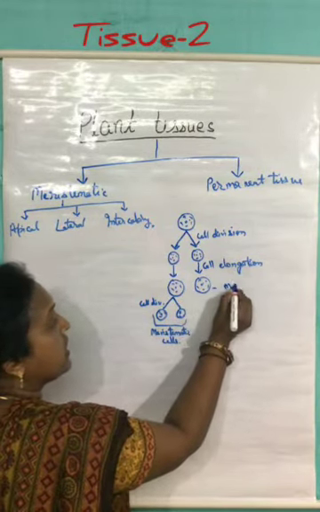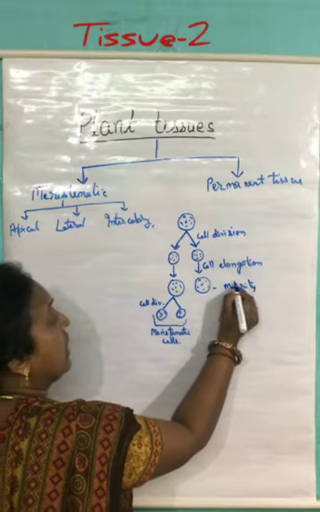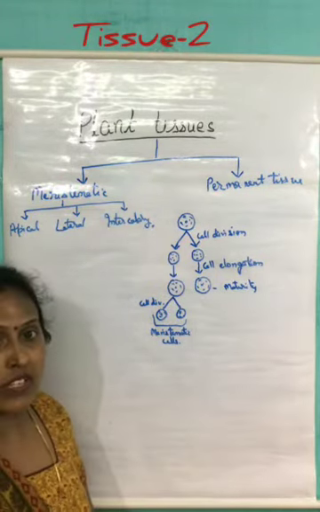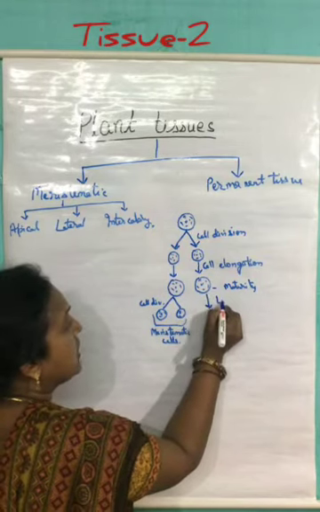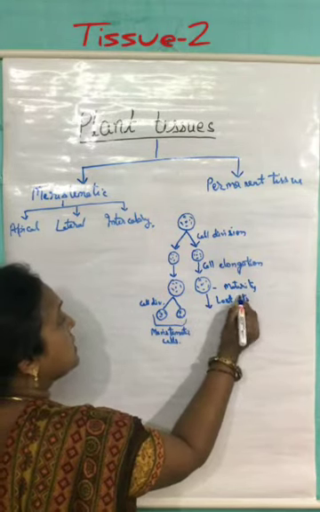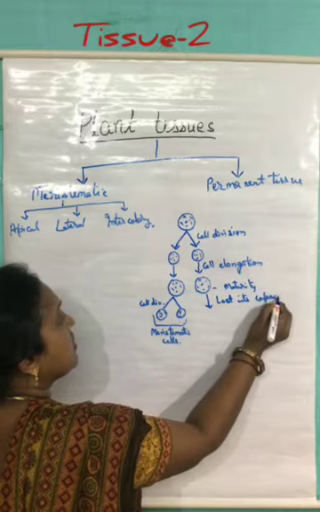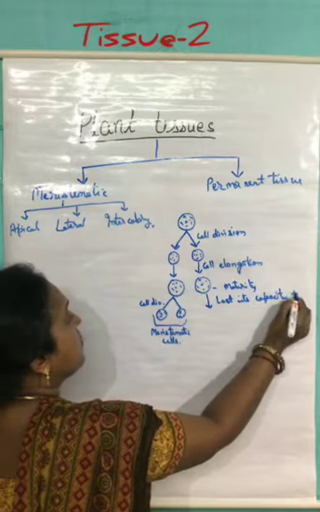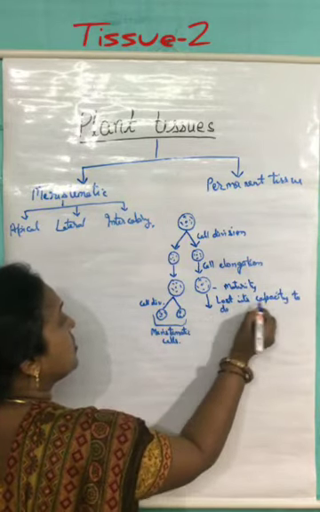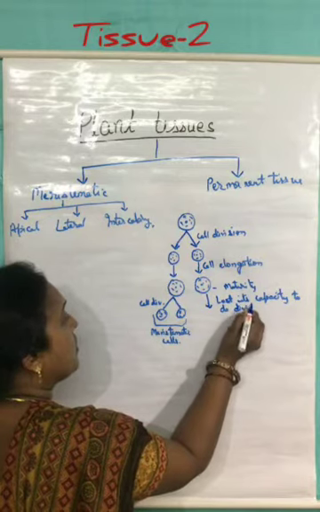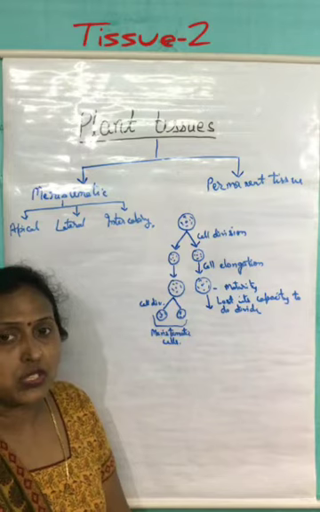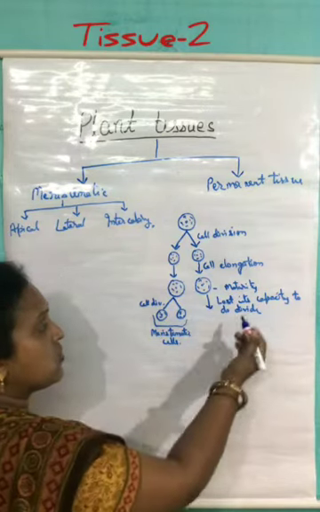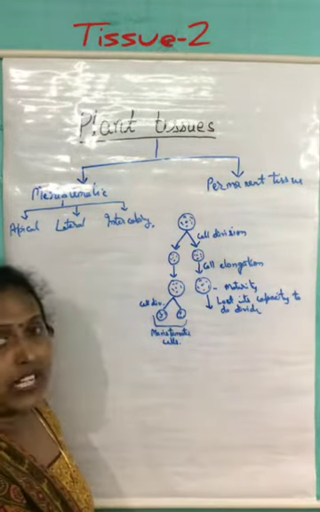After attaining its maturity, it depends on the cell whether it loses its capacity to divide. If it loses its capacity to divide, then what will happen?